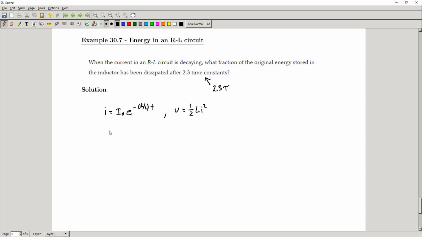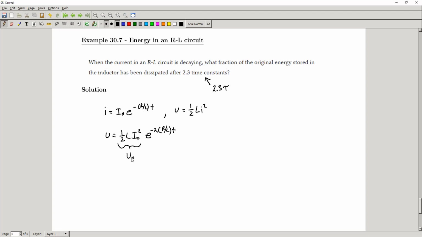So we're going to end up with U is equal to 1/2 L, and now we have to square all this stuff. So we're going to end up with I naught squared, and then squaring our exponential is just going to give us e to the minus 2 R over L t. Now we're going to gather up all these variables, this 1/2 L I naught squared, and call that U naught.